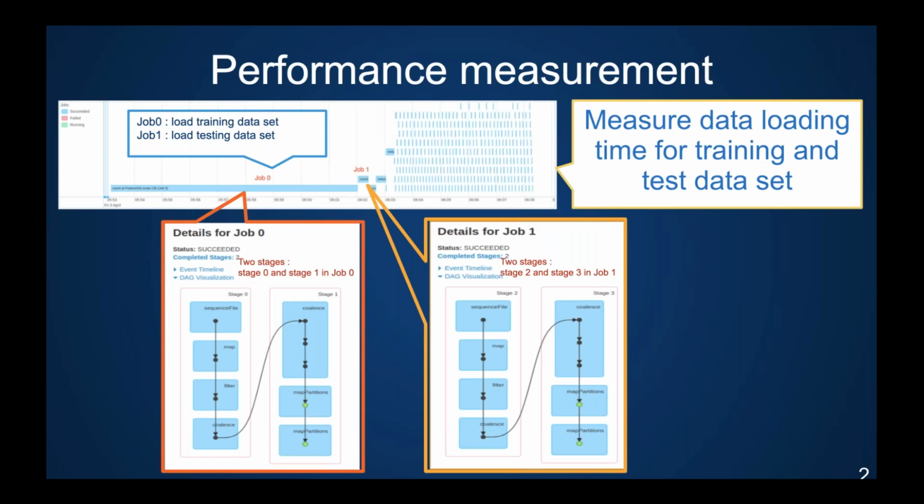So basically, we will measure the time difference, the latency for job 0 and job 1, and we will test among different scenarios, using Alluxio and without using Alluxio. For job 1, actually there are 2 stages, stage 0 and stage 1. We will mention the difference between our experiment on stage 0 and job 1. We also contain stage 2 and stage 3. So next slide.